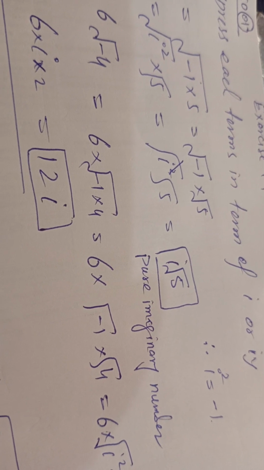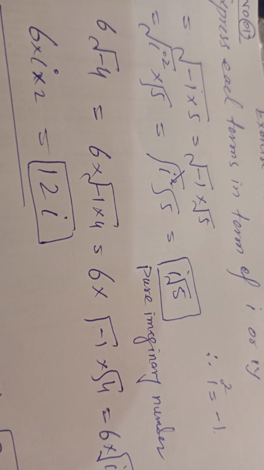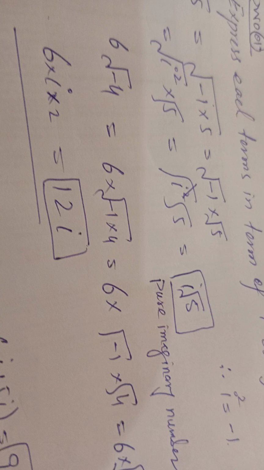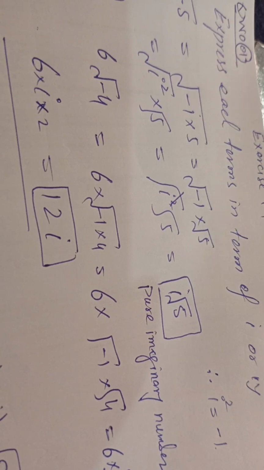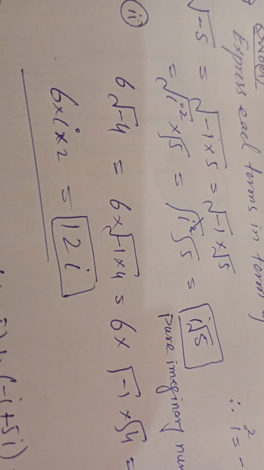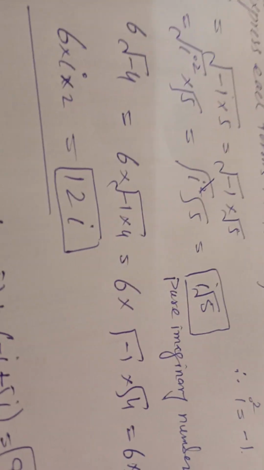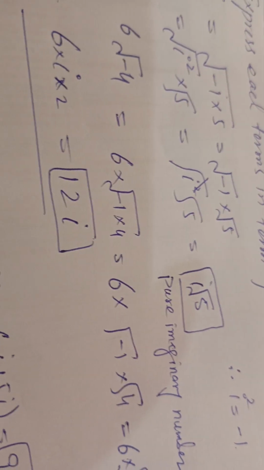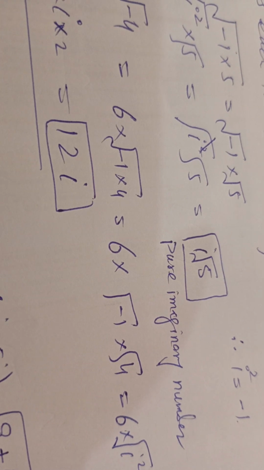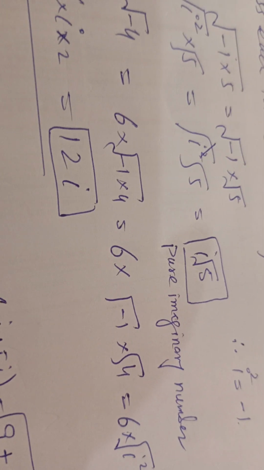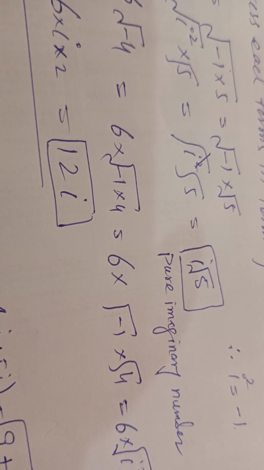It is understood that iota square is equal to minus 1. So we put the value of minus 1 in the question, and then the number becomes iota square root 5, which is a pure imaginary number, because the real part does not exist here.